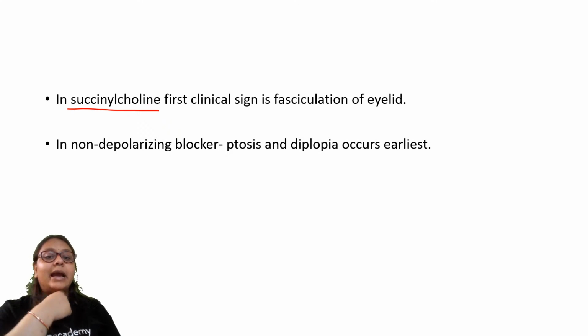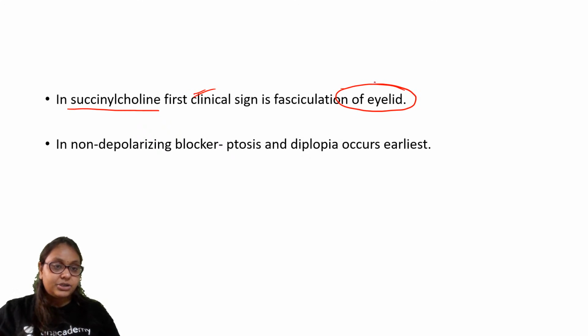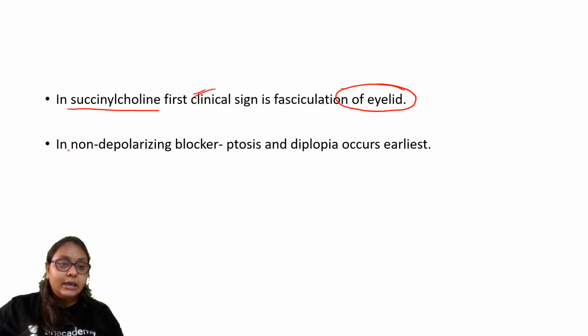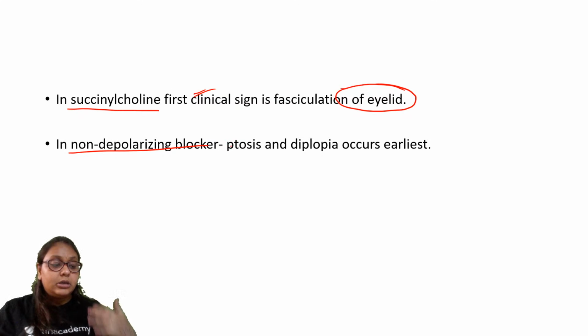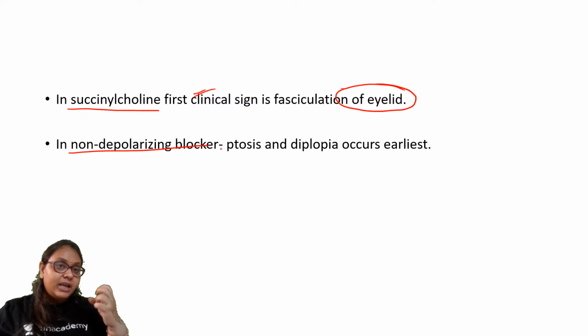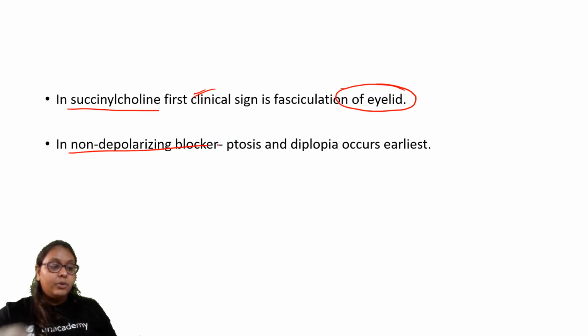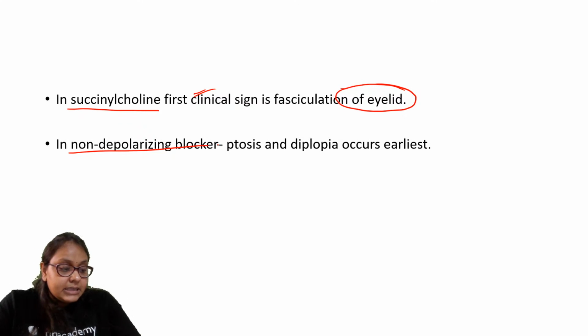The first clinical sign is fasciculation of the eyelid. And with non-depolarizing blockers, ptosis and diplopia occur first, because the face muscles are the first which get relaxed.